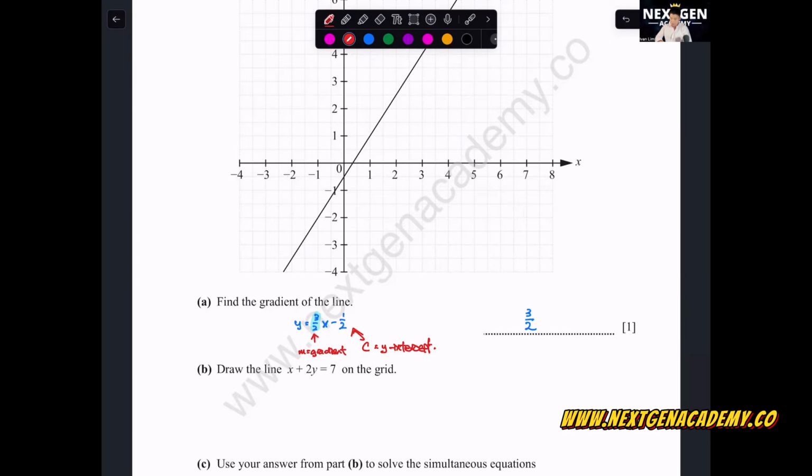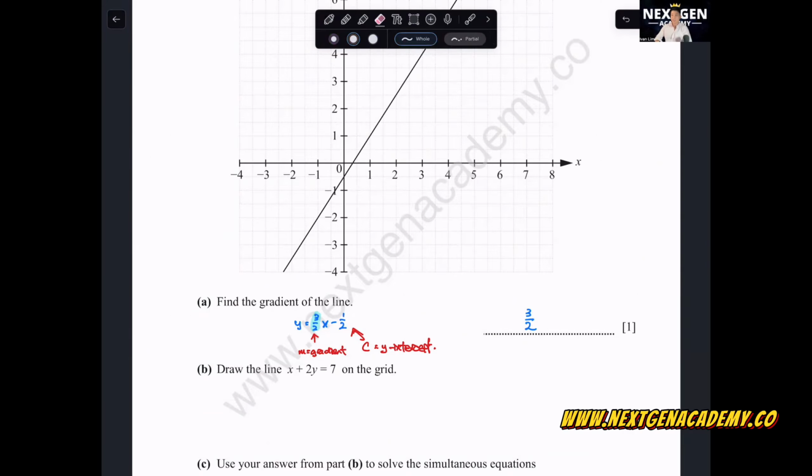Let's say you want to sub in negative 2 and 8 for the x value. Why did you choose negative 2 and 8? Is there a reason why?